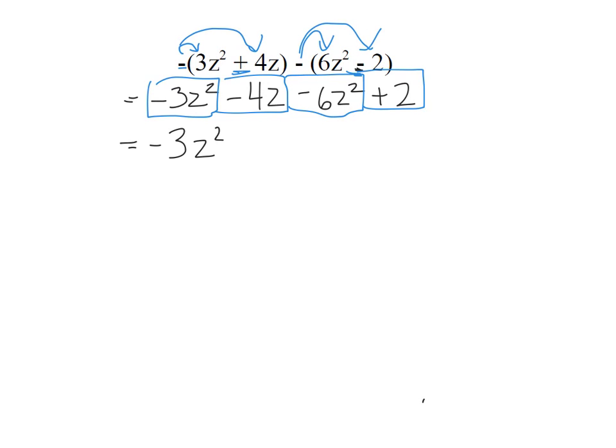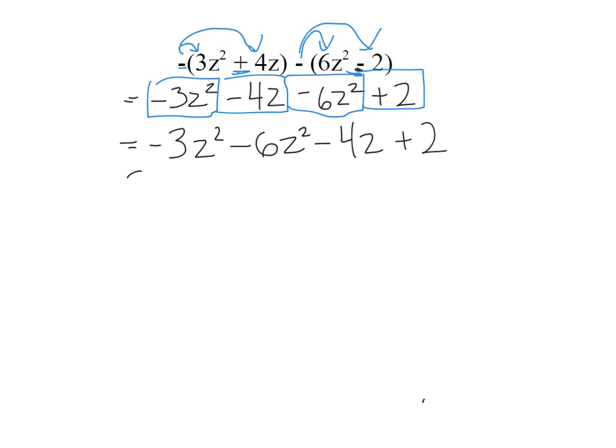So 2 is the highest exponent, so I'm starting with that one. Minus 6z squared. And then again, I would go to the next highest, which would be negative 4z, because we imagine that if we just have a variable there with no exponent, it has an exponent of 1, and then plus 2. Constants always go at the end.